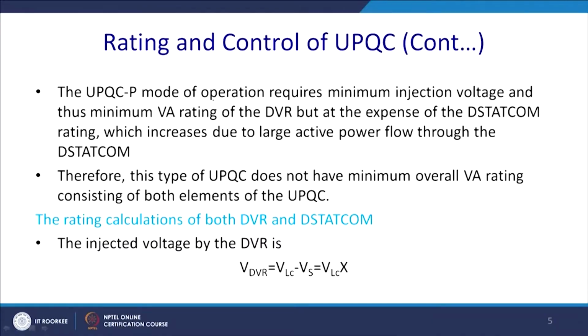UPQC-P mode of operation requires minimum injection of voltage and thus minimum VA rating for the DVR, but the STATCOM will pay the cost for it, at the expense of the STATCOM rating, which increases due to the large flow of active power through the STATCOM.